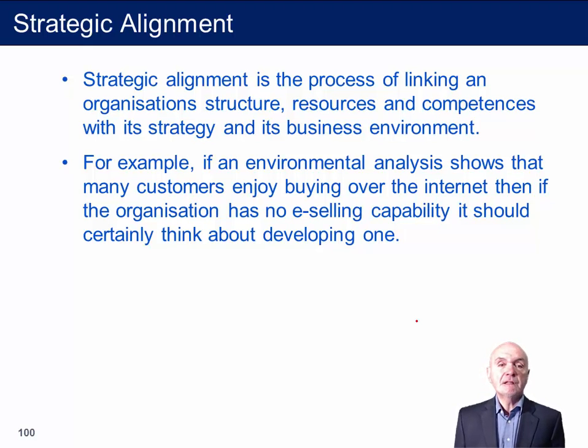Strategic alignment is another way in which we have to go about thinking about changes. It's the process of linking the organization's structure and resources and competences with its strategy and its business environment.